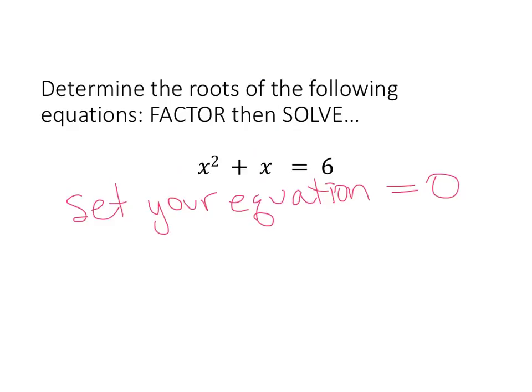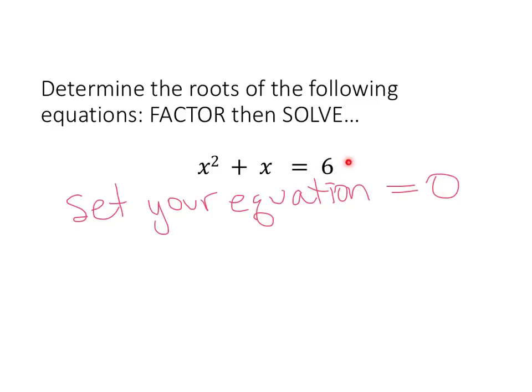Okay, so now we have another type of question where we have to determine the roots of the following equation. The difference here is we've got an equal sign, therefore we are calling them equations. So the thing you need to do is make sure you set your equation equal to 0.